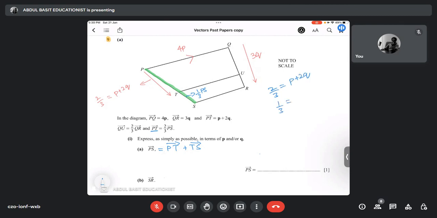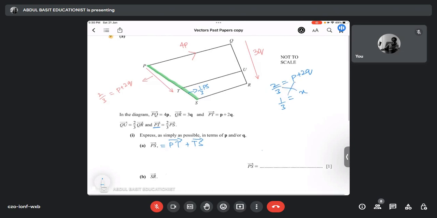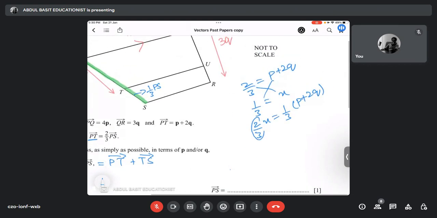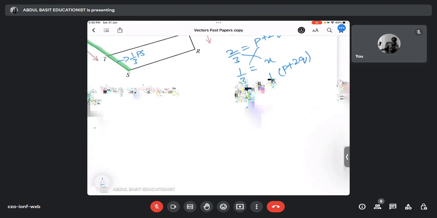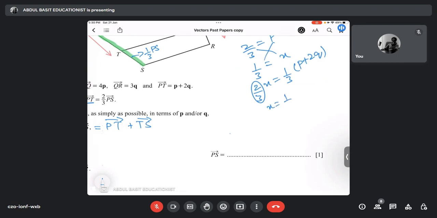And 1/3 is equal to x, हमें नहीं पता कि ये TS कितना आ रहा है, so cross multiply कर लें इसको। So ये आता है 2/3 of x is equal to 1/3 of p plus q, cross multiplication हुई है और कुछ भी नहीं हुआ। So we know this कि 2/3 यहाँ से cancel करके लेके जाएंगे तो वहां पर हो जाएगा 3/2। इज दिस क्लियर? So x is equal to 1/3 bracket p plus 2q multiply by 3/2। इसका जब यहाँ पर आता है तो रेसिप्रोकल हो जाता है, एग्री?